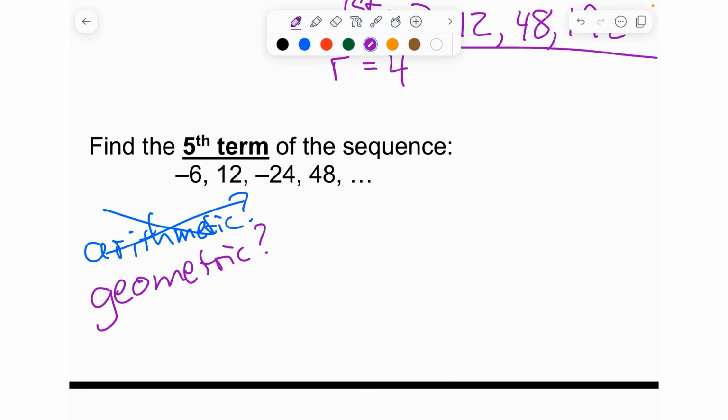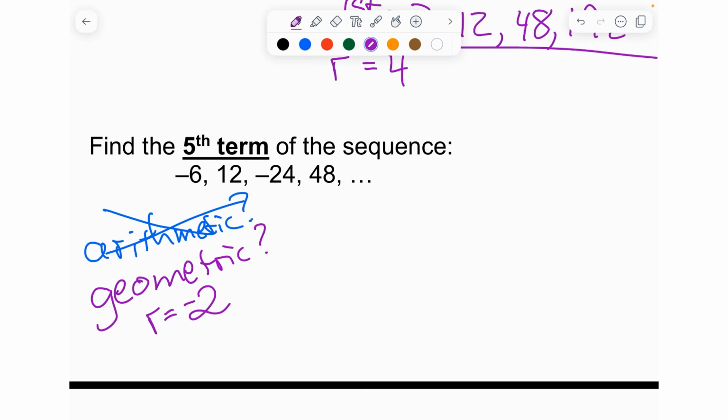Is it going to make sense with multiplication or division? Well, it looks like if I multiply by -2, okay, I could get to 12. And then what if I multiply by -2 again? Yeah, I could get to -24. So it has to be geometric because there is a common ratio. It's that r value of -2.